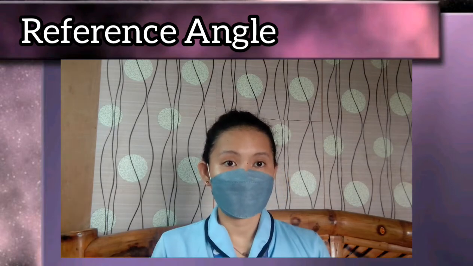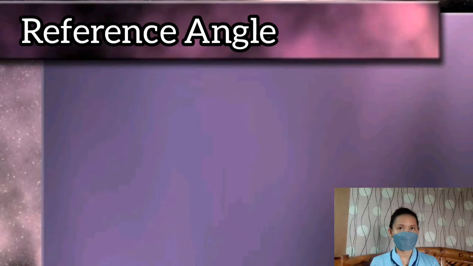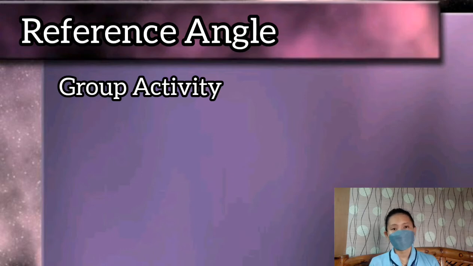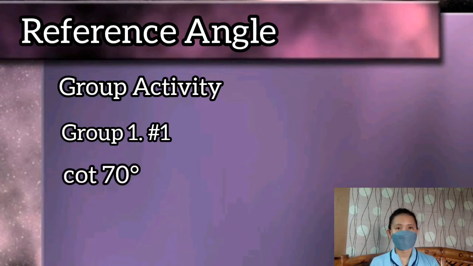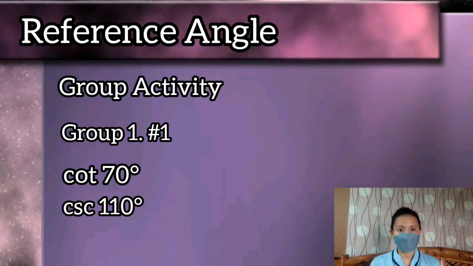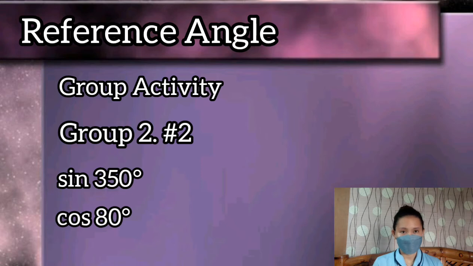So we have 5 groups, and I want you to express the following functions. For group 1, you will answer number 1, that is cotangent 70 degrees and cosecant 110 degrees. For group 2, number 2, that is sine 350 degrees and cosine 80 degrees.